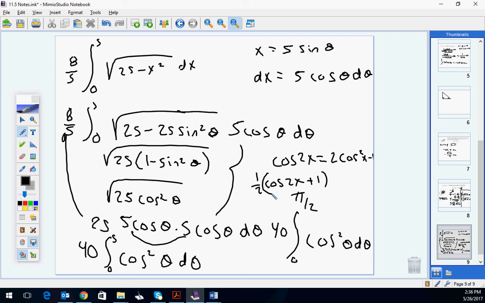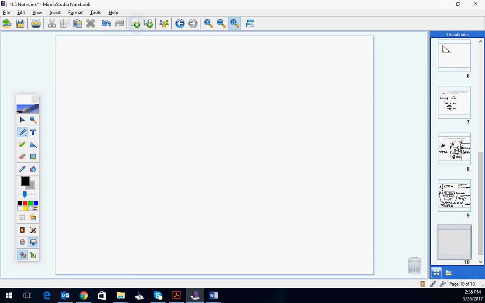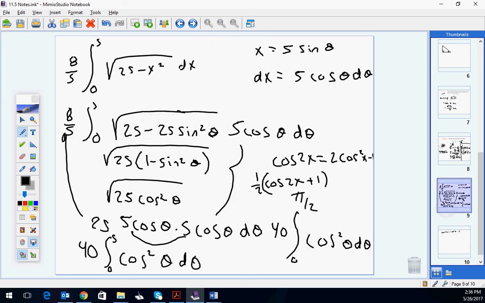Okay, so hold on. I'll start over, not all the way over. I'm going to start from the top of how that comes about. Just hold on. Cosine 2x is, in your formula sheet, 2 cosine squared x minus 1. We're going to solve for cosine squared x because that's what we're going to replace our cosine squared theta with.